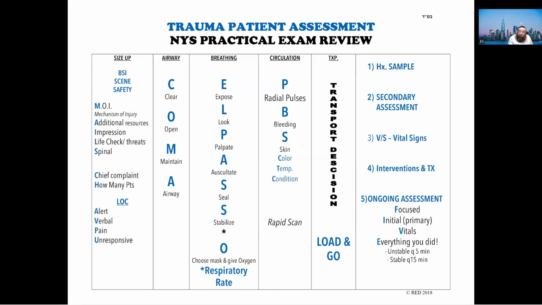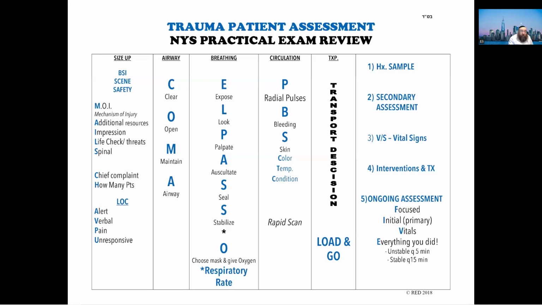Impression. Life check, life threats. I spoke to you about that. If you see a major bleed, whether it be an arterial bleed, easiest to see, or a venous bleed, if you see it without investigating, that is a life threat. Life check: if they're unresponsive, you need to do a carotid pulse check. If they're talking to you, then yeah, they're alive, done.